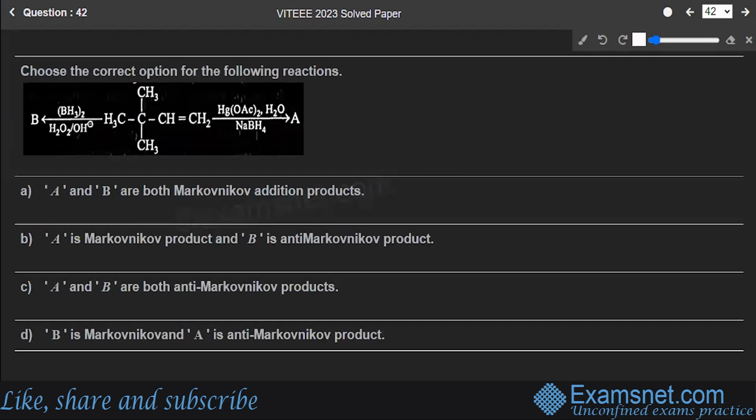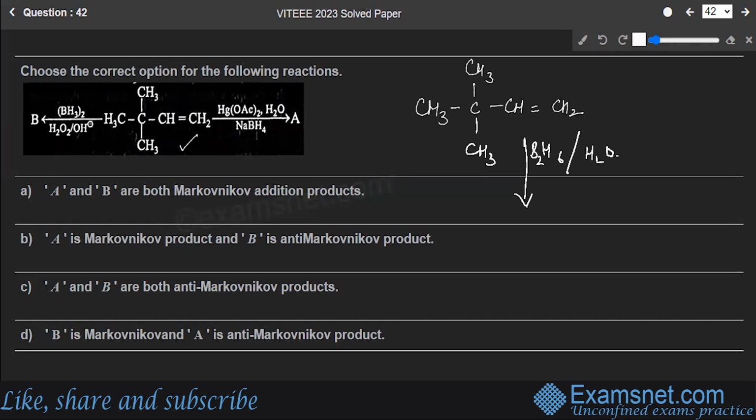Next is question number 42. You have to choose the correct option. So let's do the reaction. Let's complete the reaction. First of all, this is the given compound. This is CH3, CH2, CH2, CH3, CH3. Now this one reacts with HB2H6, H2O2 and hydroxyl ions.